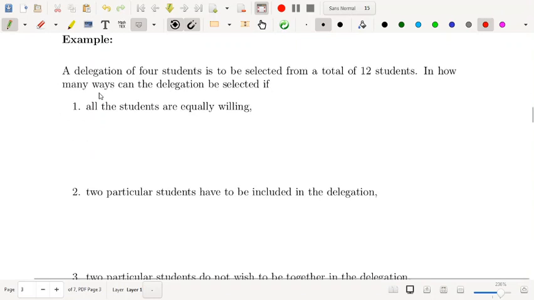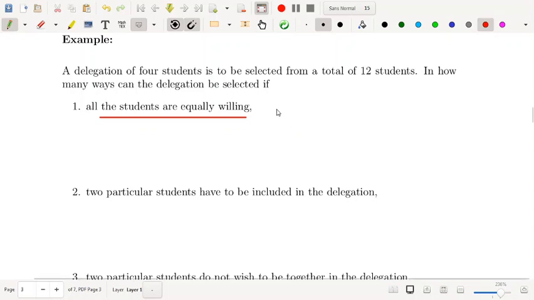Look at the problem: a delegation of 4 students is to be selected from a total of 12 students. In how many ways can the delegation be selected if all the students are equally willing? You have to select 4 students out of 12, so your result will be 12C4.